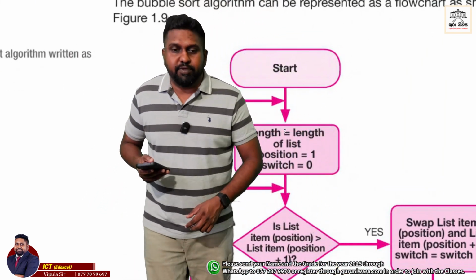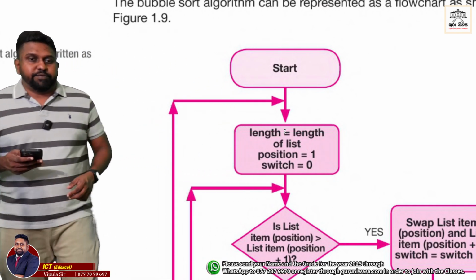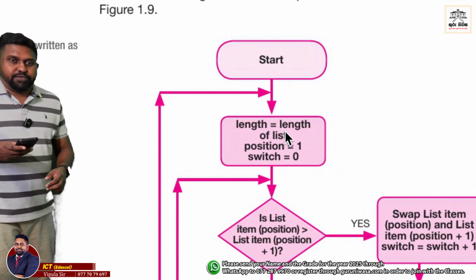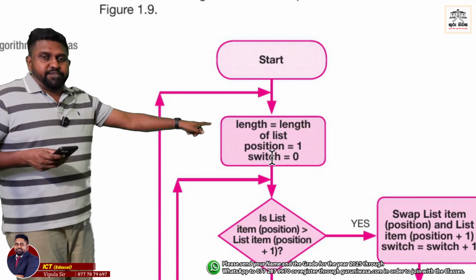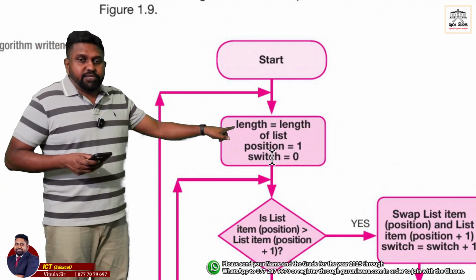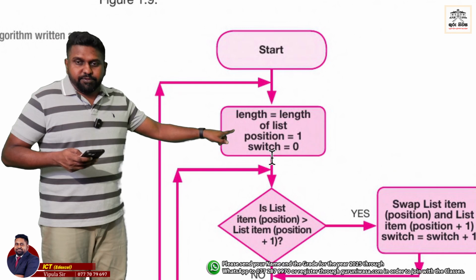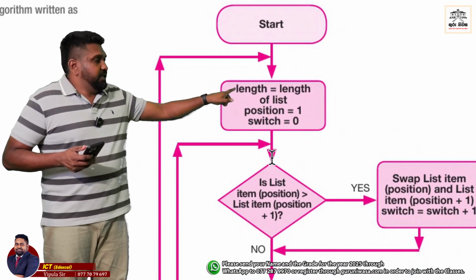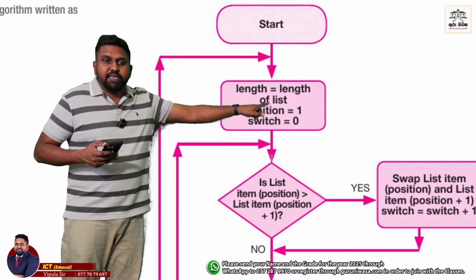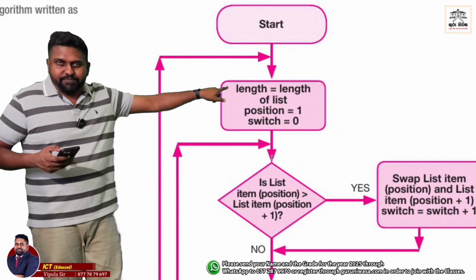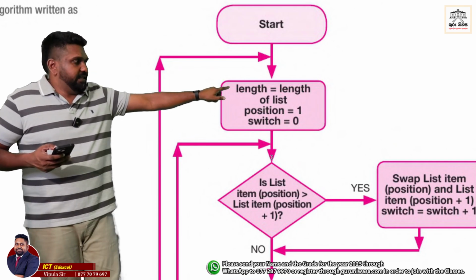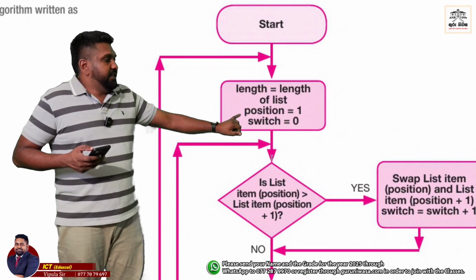After starting, first we check the length of the items. The length of the list, we get it allocated into a variable, right? So after getting the length, then we get the position.